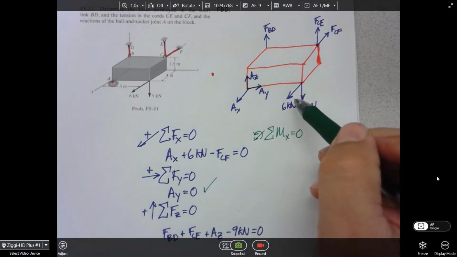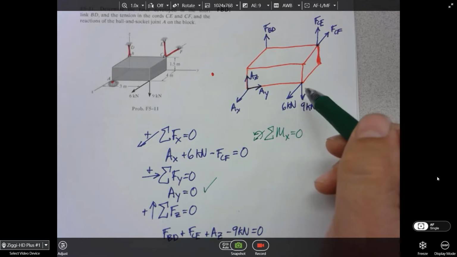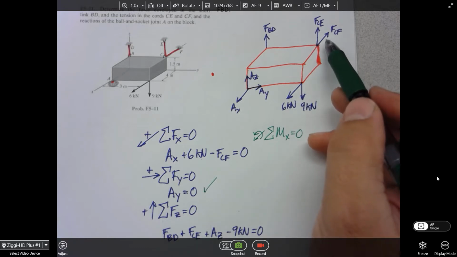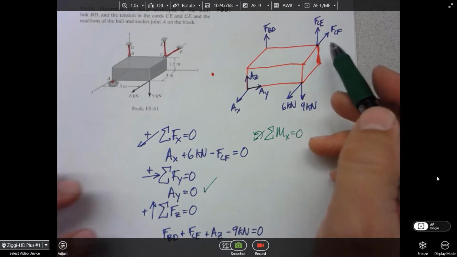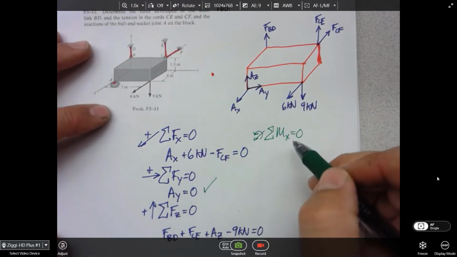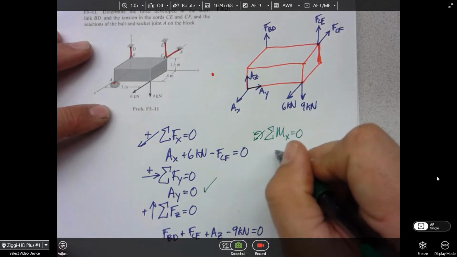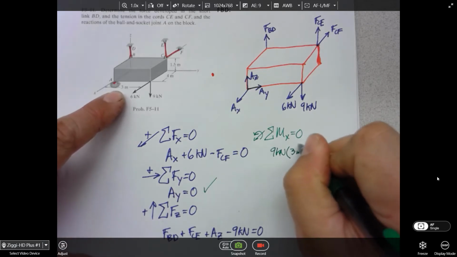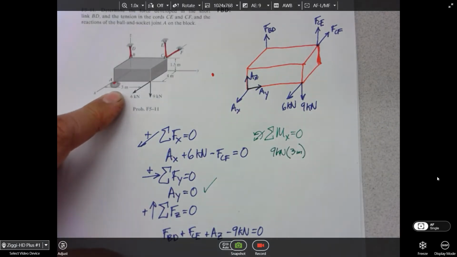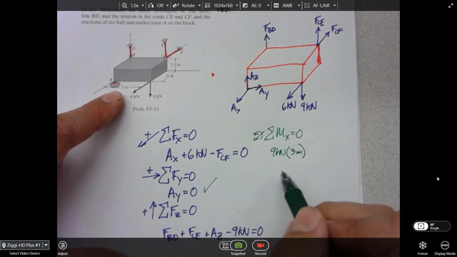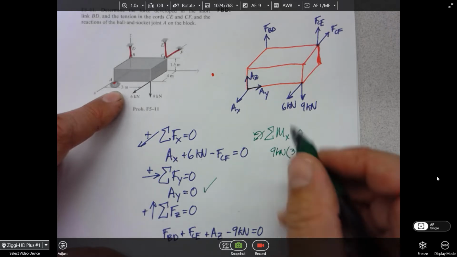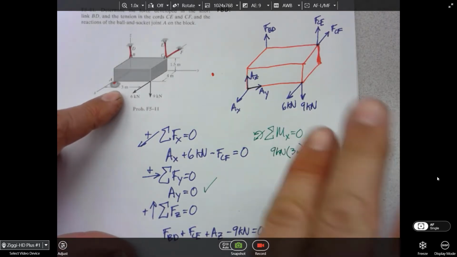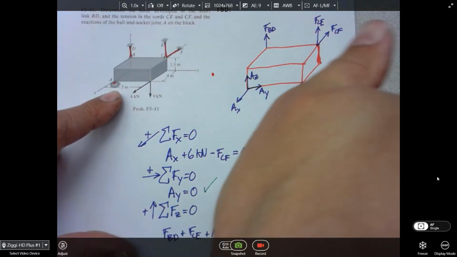How about 6 kilonewtons? Does it cause a moment about the x-axis? Why not? It's parallel, okay? Same with FCF. So what we have causing moments about the x-axis would be 9 kilonewtons times its distance off the x-axis, which is 3 meters. Now, is that positive or negative? Well, no, just the whole sense of the moment. It's negative, right? Because if I curl in the direction of the vector, I'm going in the negative x direction.